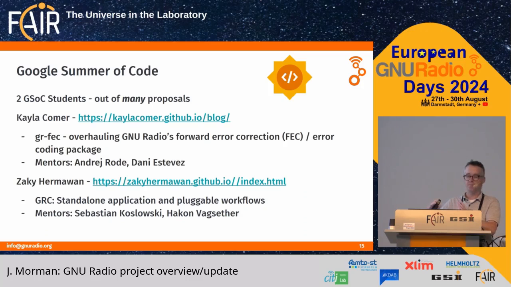You have a few choices in GRC: you can make it render to a Qt type of flow graph, or you can render to a C++ program. There might be more things, so modularize that and have a type of workflow. I might want to render it to use some other graphical library, things like that. Thanks to Zaki, but also thanks to Sebastian and Hakan for mentoring there.